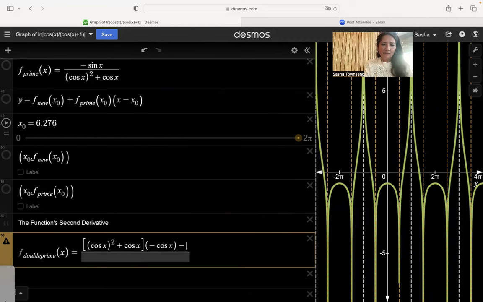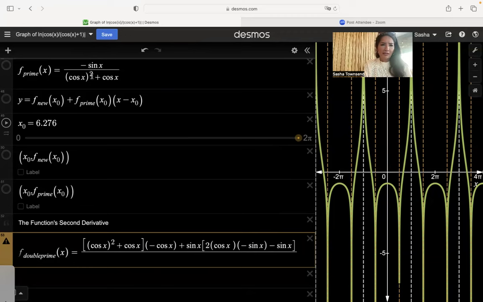Minus high, so we're subtracting negative sine of x, so that means we're adding sine of x. D low, that requires the chain rule for the derivative of cosine of x. So we're gonna have 2 times the original function, which is cosine of x, times the derivative of the inside, which is negative sine of x, minus the derivative, well, plus the derivative of cosine of x, which is negative sine of x.